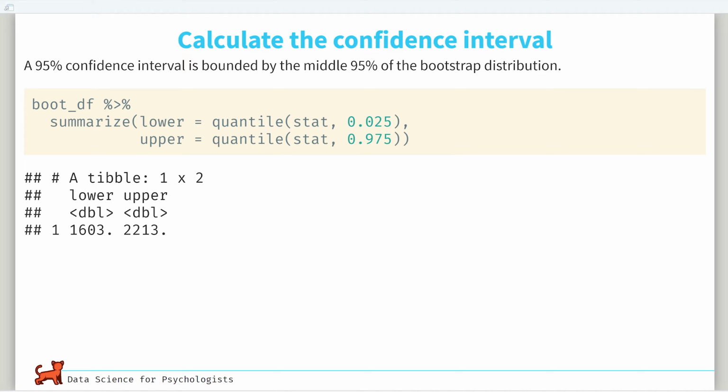So we want the 2.5 percentile and the 97.5 percentile. And that gives us our confidence interval around our estimate. And here it is visualized. 95% of our data fall in between those two bars. And anything outside that range is considered unusual.